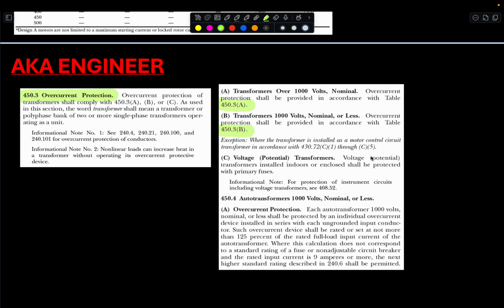And voltage potential transformers, and then autotransformers 1,000 volts nominal or less, overcurrent protection: each transformer 1,000 volts, as you can see, shall be rated or set to not more than 125% of the rated full load current of that autotransformer. For transformers over 1,000, follow that table. For transformers 1,000 or less, follow 450.3(B).